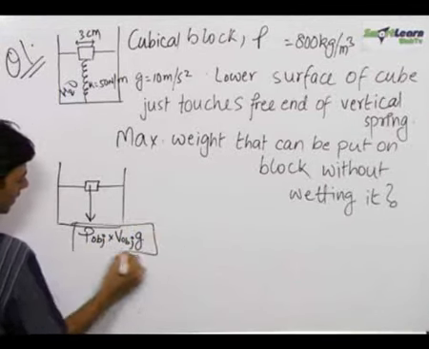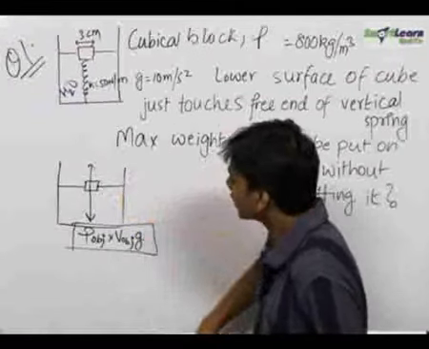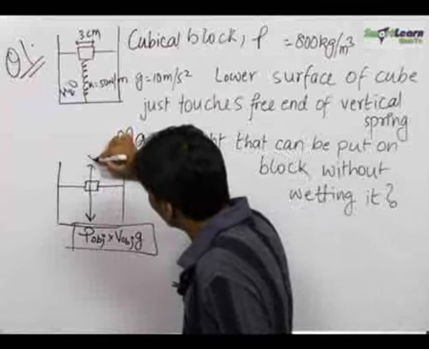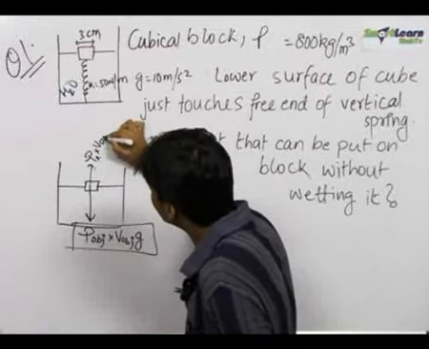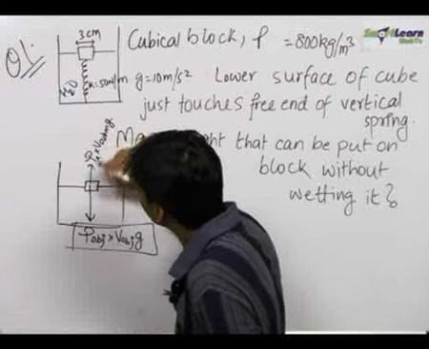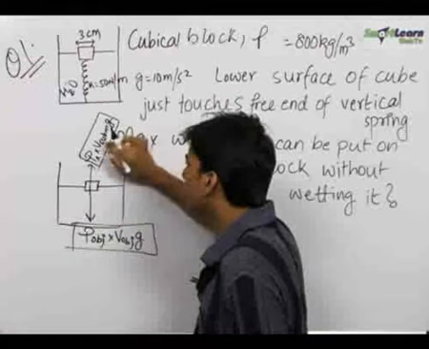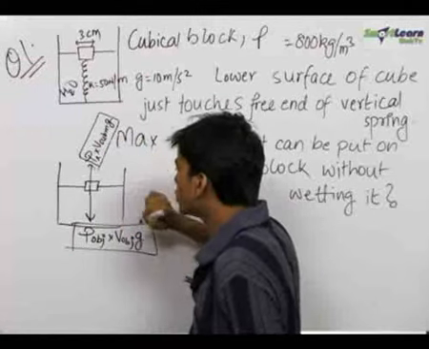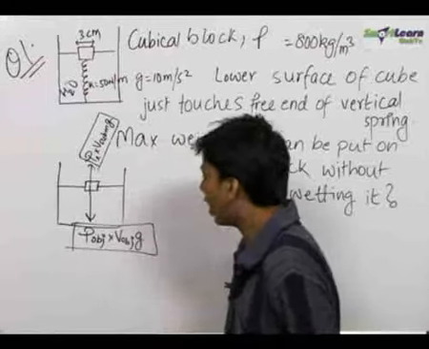This is nothing else but the weight of the object, that is mg. The buoyant force acting on the object is equal to rho of the liquid into volume submerged into g. The buoyant force is always equal to the density of the liquid into the volume submerged into g, and it is always perpendicular to the surface and directed outwards.